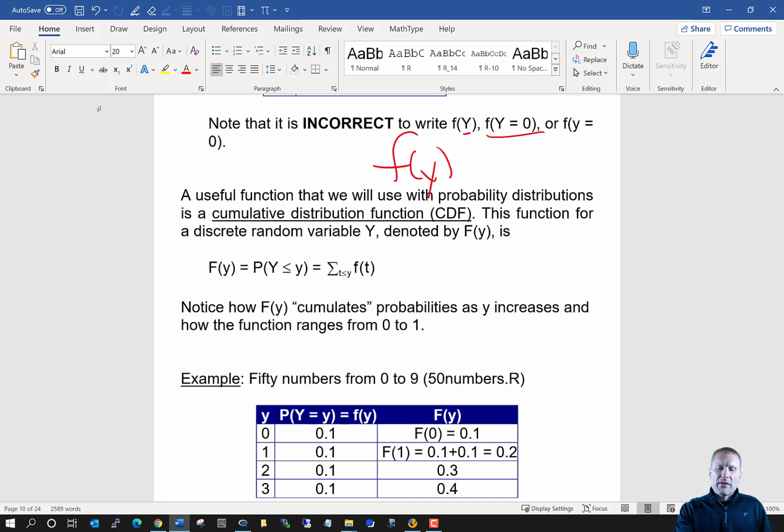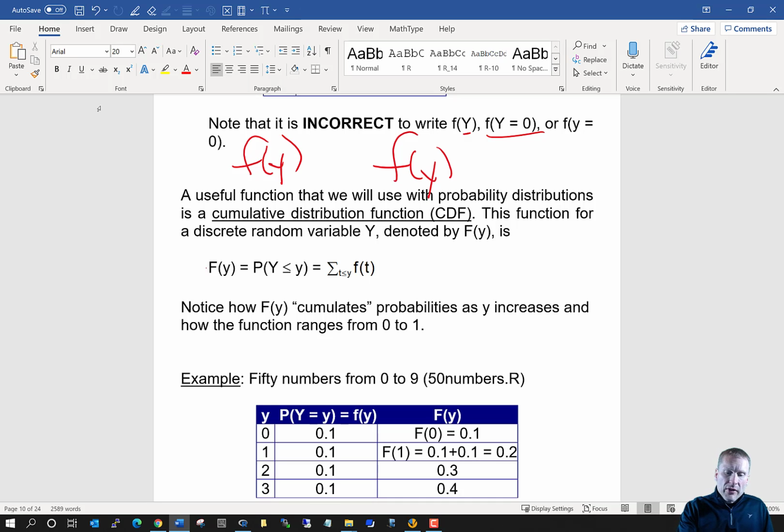Now, with this f of y notation, that's our probability distribution function when we look at it across all possible values of y. We can also define another kind of function called the cumulative distribution function, or CDF for short. Again, we will be using this throughout the rest of this course. All a CDF represents is a way for us to accumulate probabilities as our values of y increase.